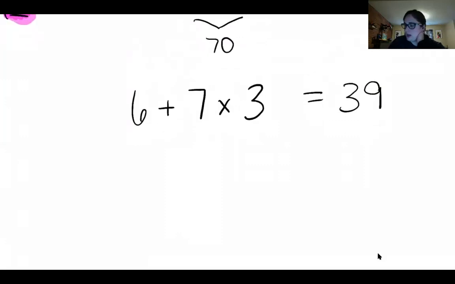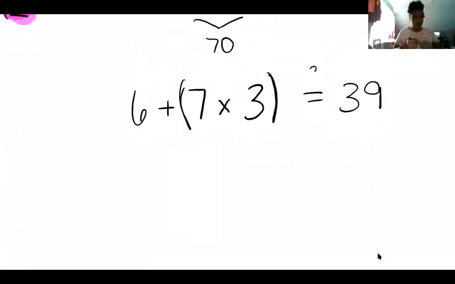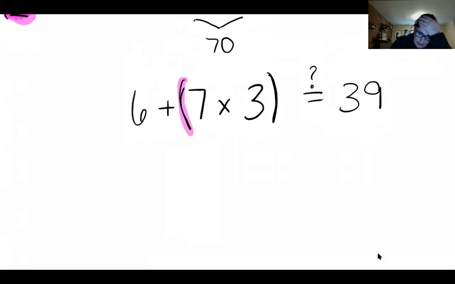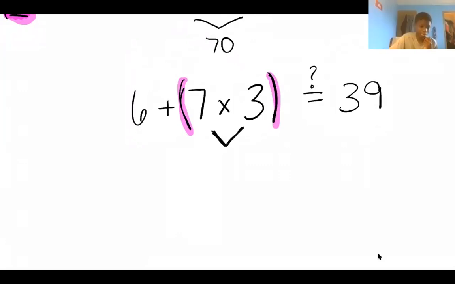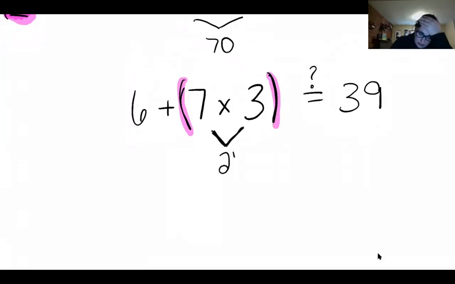Okay, the first scenario is this one. I'm going to put a little question mark. Does that equal 39? I have to do parentheses first. What is 7 times 3? 21. Good. And then I'm going to copy the 6 plus.